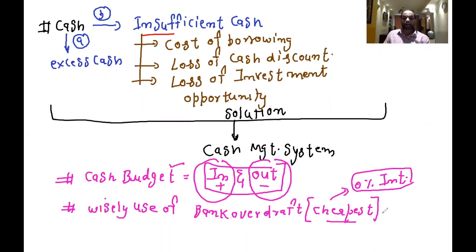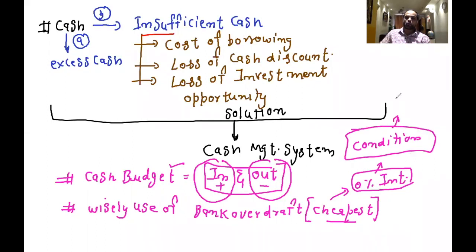but it doesn't mean that you will use these amounts for unnecessary things. 0% interest, of course, has a condition. Condition is that you return money on time. If you return money on time, then you can use the benefits of this cheapest cash borrowing. All right. So it's very important that we meet the conditions.